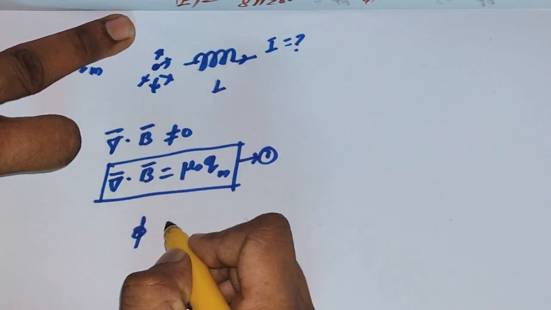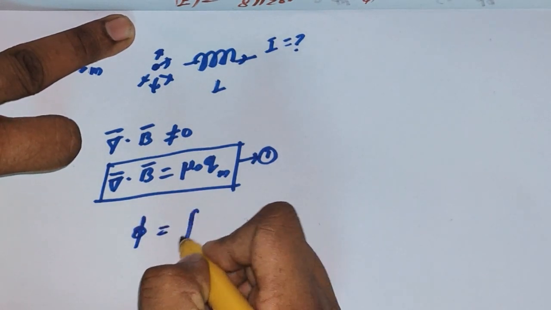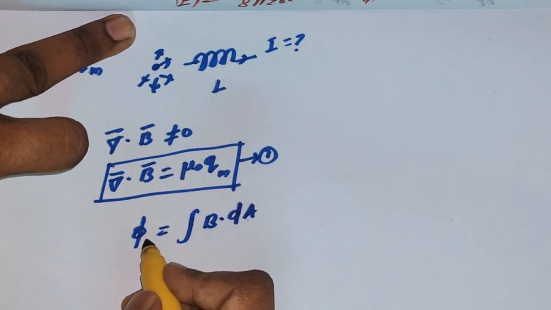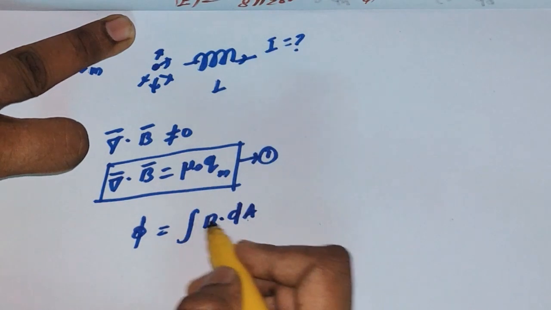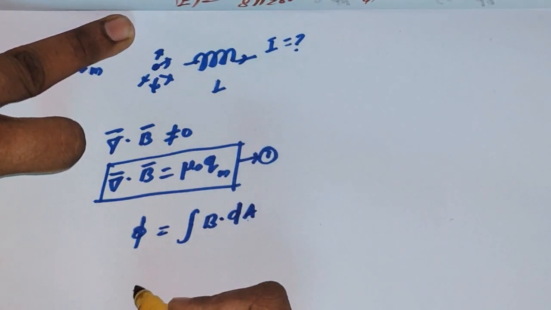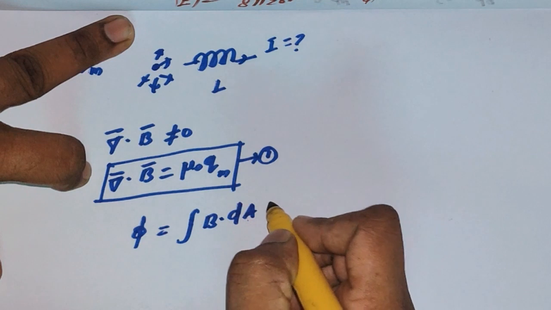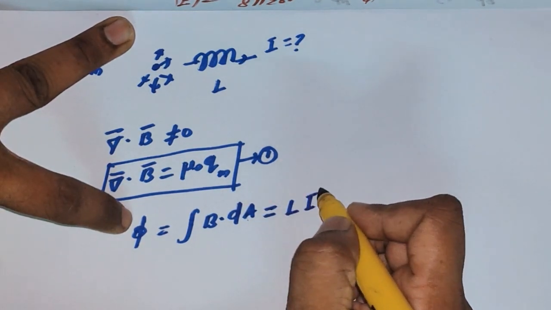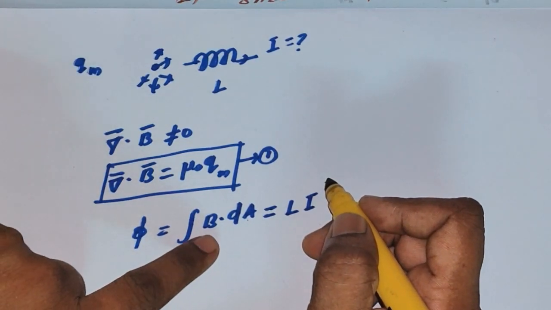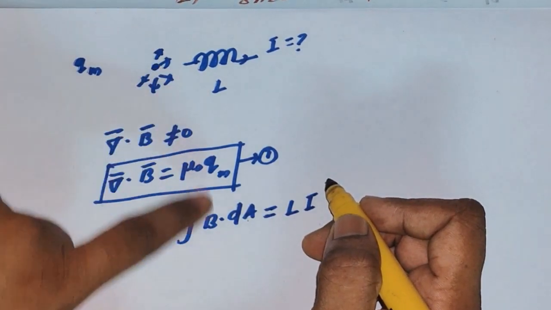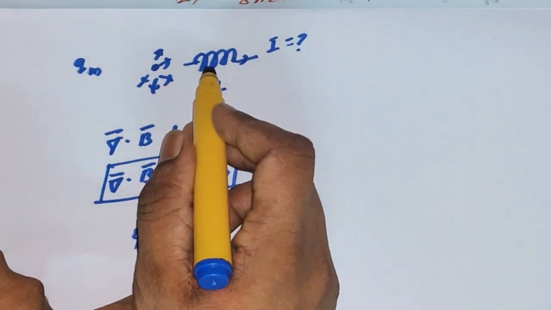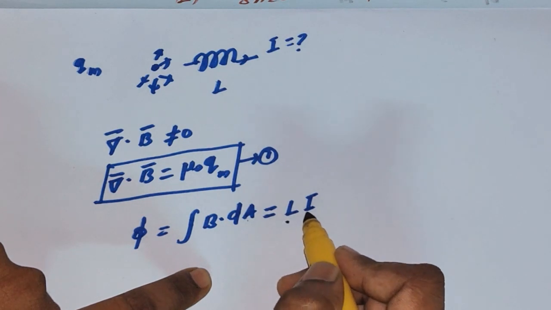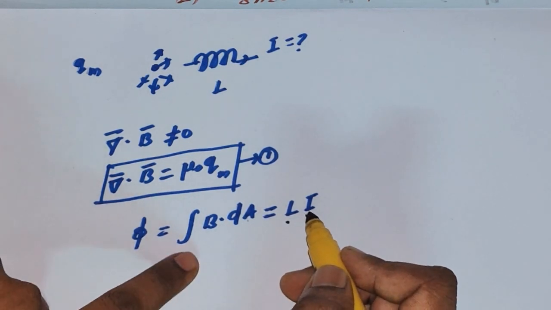Integrating over the area gives the net flux, and this flux is equal to the self inductance times the induced current. There is a magnetic field due to the monopole, and as it moves towards the inductor, there is an induced EMF with self inductance L and current I. This is the equation we want.